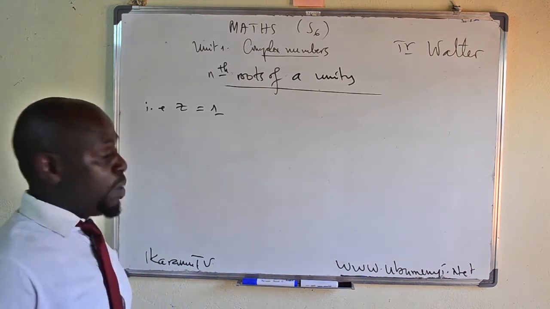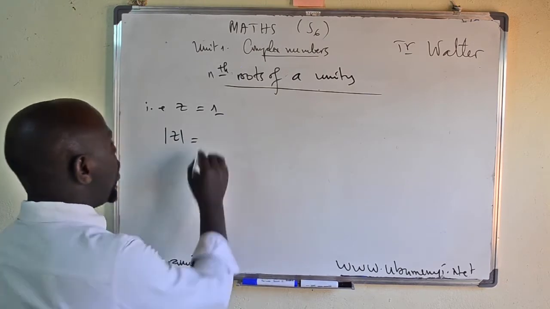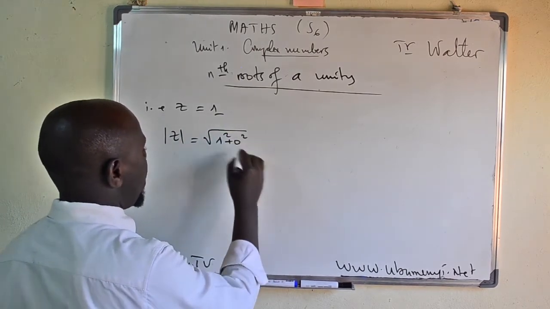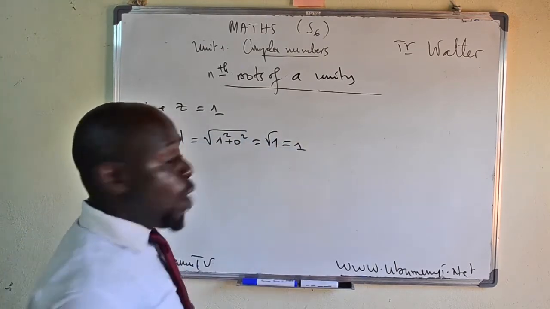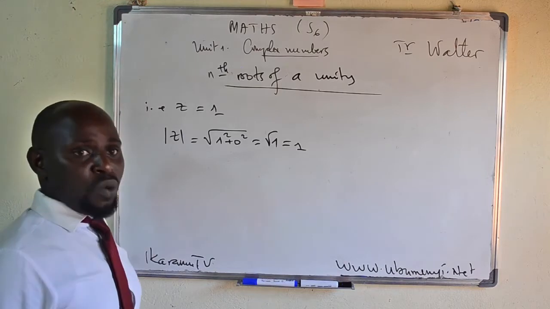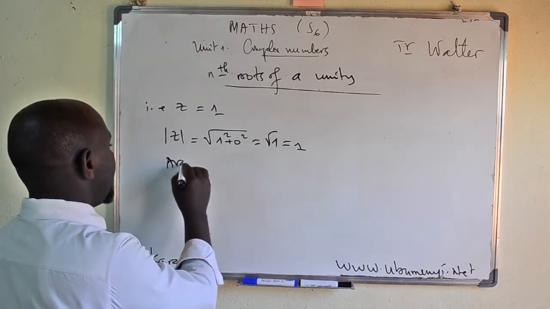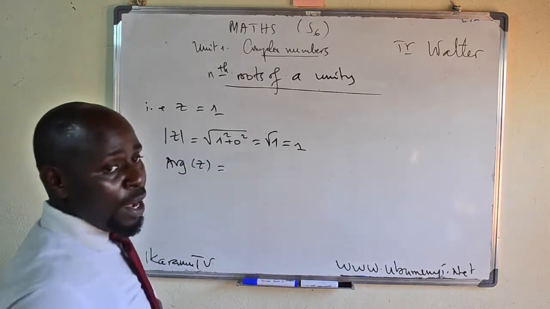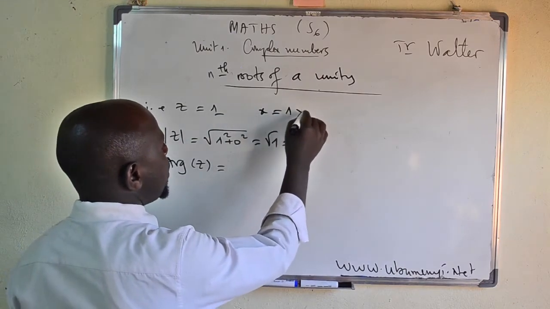Here, I must find the modulus of z. The modulus of z will be equal to the square root of 1 squared plus 0 squared, which is the square root of 1, which is always 1. So the modulus is 1. I also have to find the argument of z. We can see that x equals 1, and this is positive.